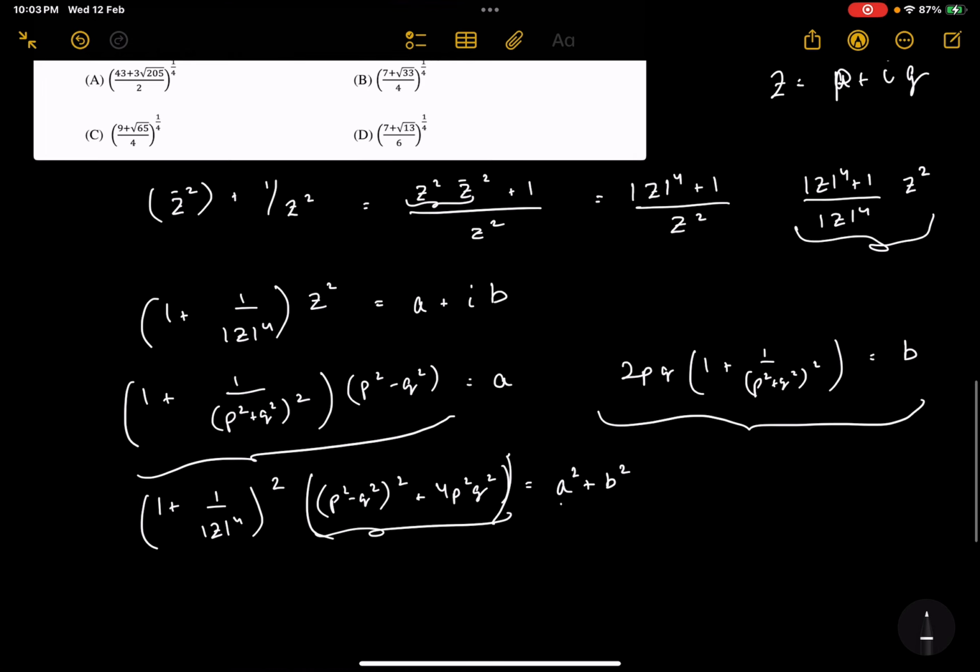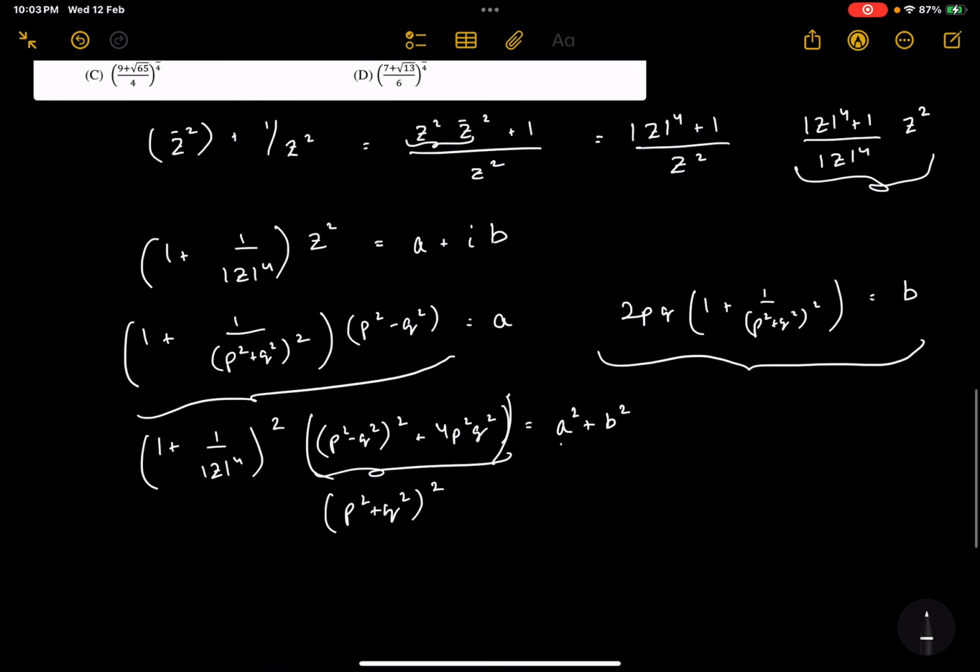So notice this thing becomes p square plus q square whole square, or we can write this as mod z to the power 4. So we get 1 plus 1 upon mod z to the power of 4 squared times mod z to the power of 4 square plus b square for some integers a and b.